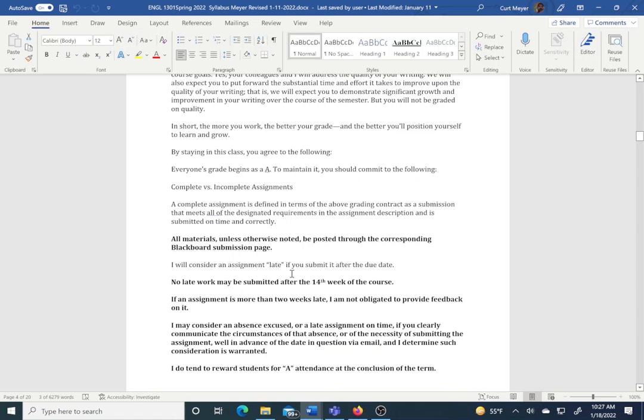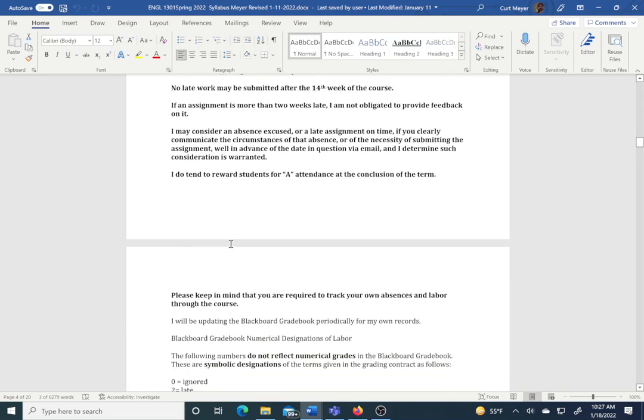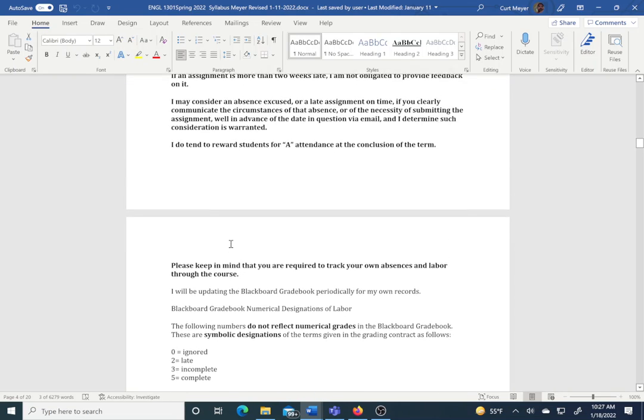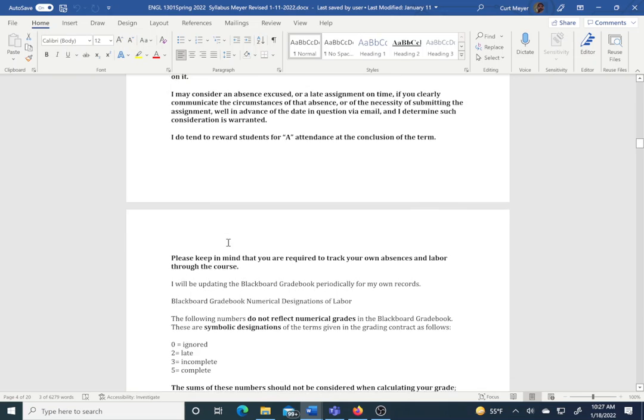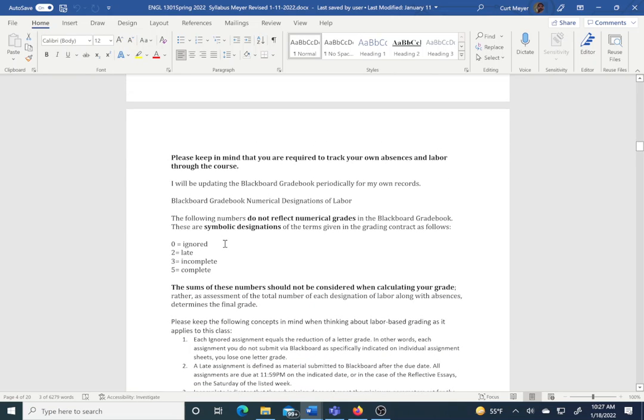Another point here, no late work is allowed after the 14th week of the course, okay? So don't worry about attendance in this course. Obviously, this is asynchronous and online, so attendance is not a factor per se. You are required and expected to turn in everything on time.